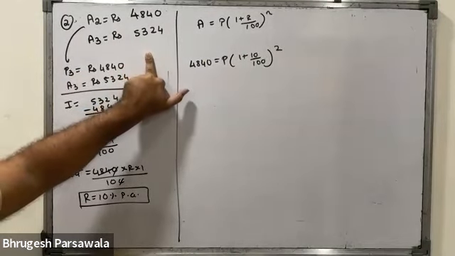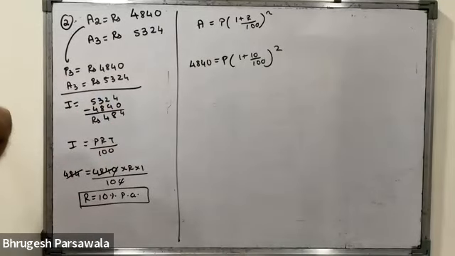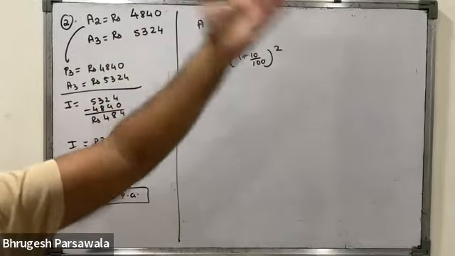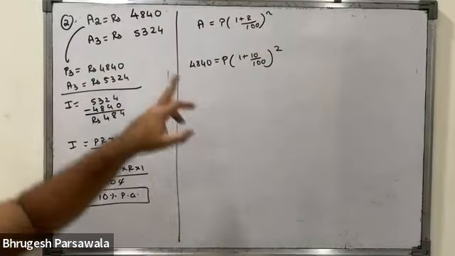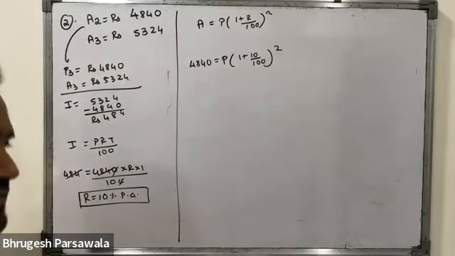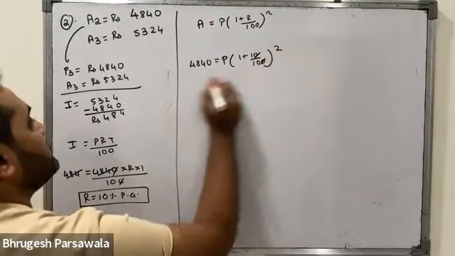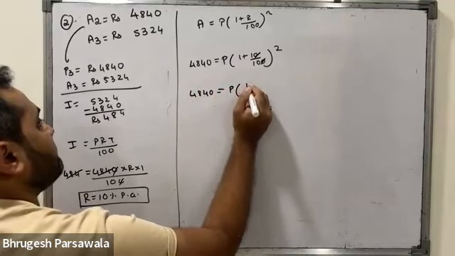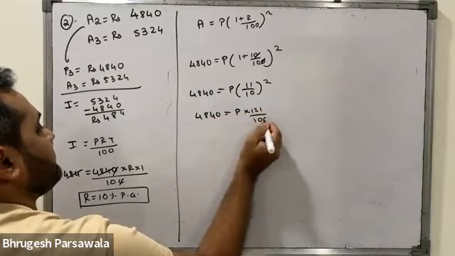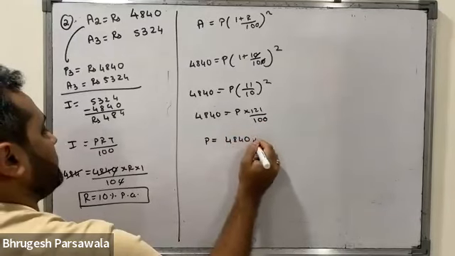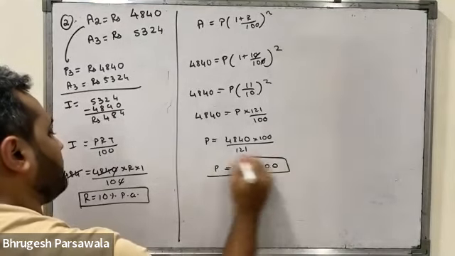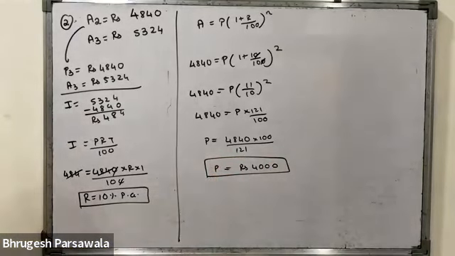What happens if I take 5324? Why 4840 only? Then that would be for the fourth year, right? If we take 5324, the number of years should be 3 and with power 3 the calculation becomes bigger. Why do that? Okay, you can take 5324 also, but then make the power 3, since it is for 3 years. That's why we go with the smaller power, 4840. You got principal as 4,000 rupees, and that's it.